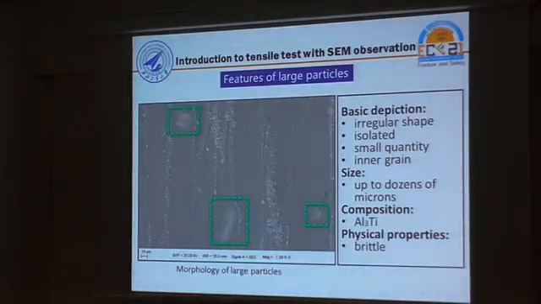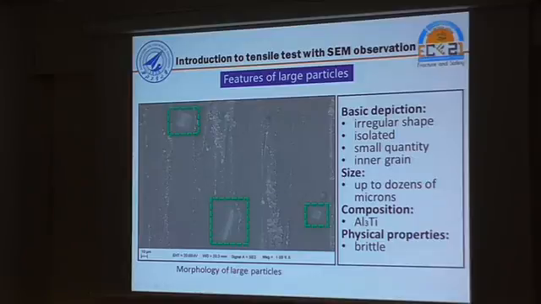Now we first introduce the features of large particles. We can see from the picture that the large particle has an irregular shape, is separate and isolated, occupies a small fraction, and is distributed in a ring.